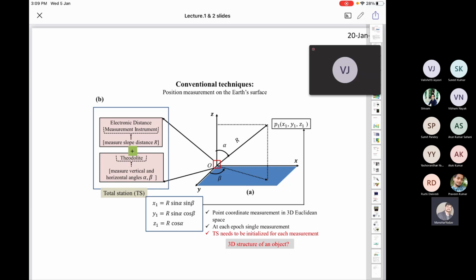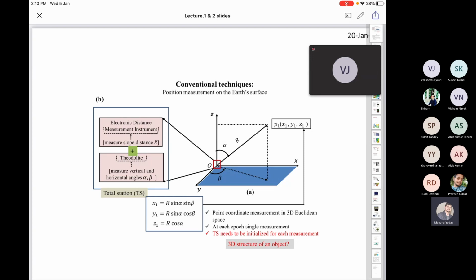If you see the formula written over here, x1, y1, z1 are computed. And for the computation of these three components, you need to know the distance from point O, that is the origin of the coordinate system, to point P1. So that range R should be there.